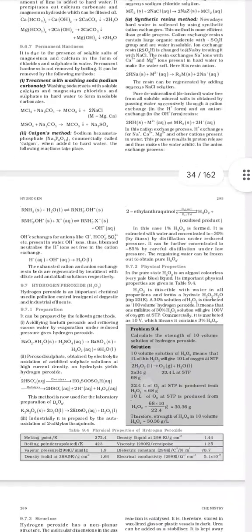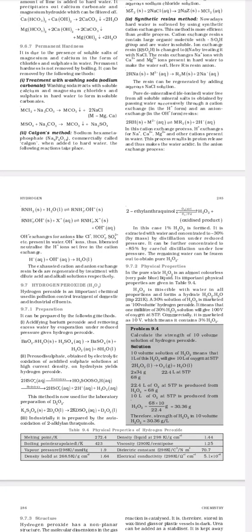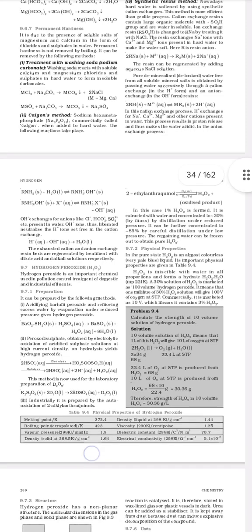In the anion exchange process, OH- exchanges for anions like Cl-, HCO3-, SO4 2-, etc. present in water. OH- ions thus liberated neutralize the H+ ions set free in the cation exchange. The exhausted cation and anion exchange resin beds are regenerated by treatment with dilute acid and alkali solutions respectively.